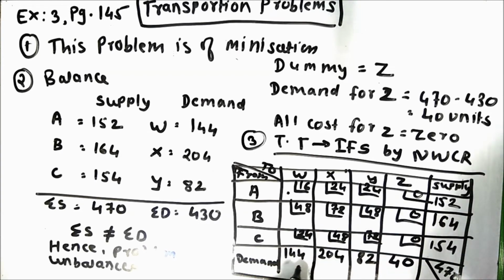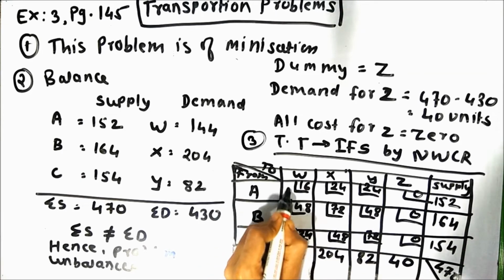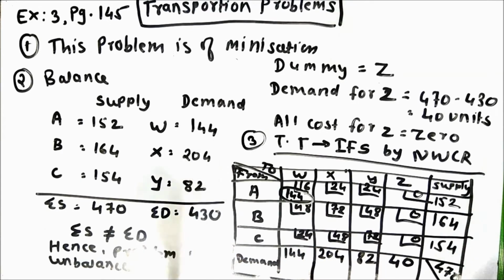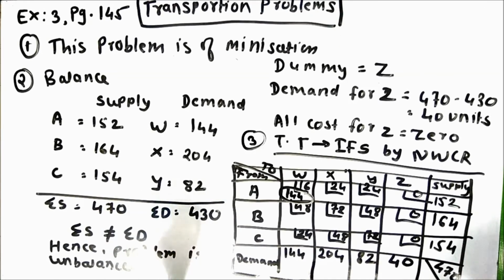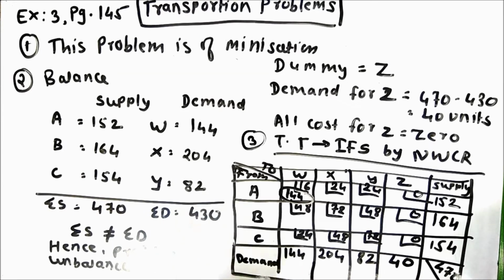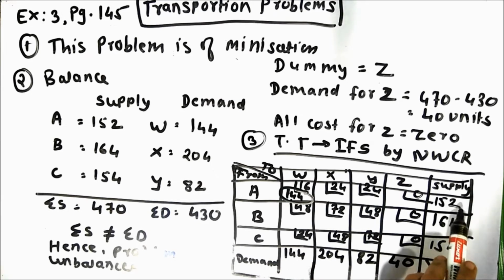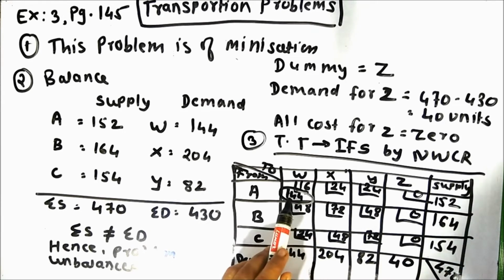The lesser one is 144. So we'll be writing 144 here, and the allocation we write in a circle. So I have written 144 in the AW cell.